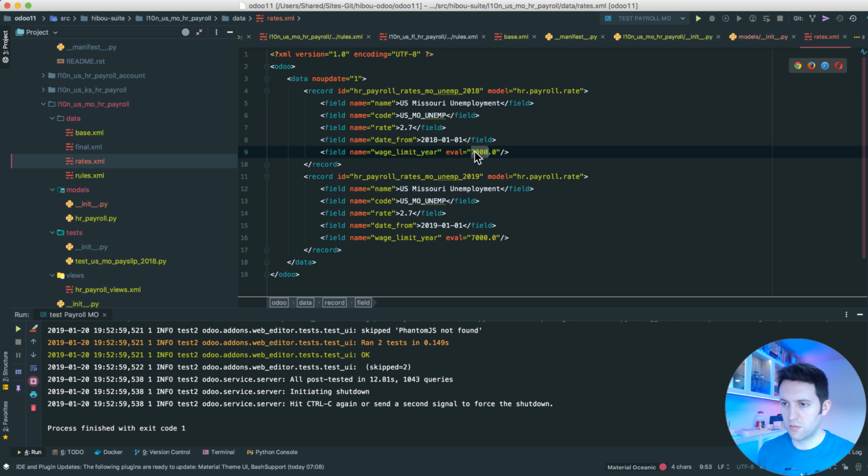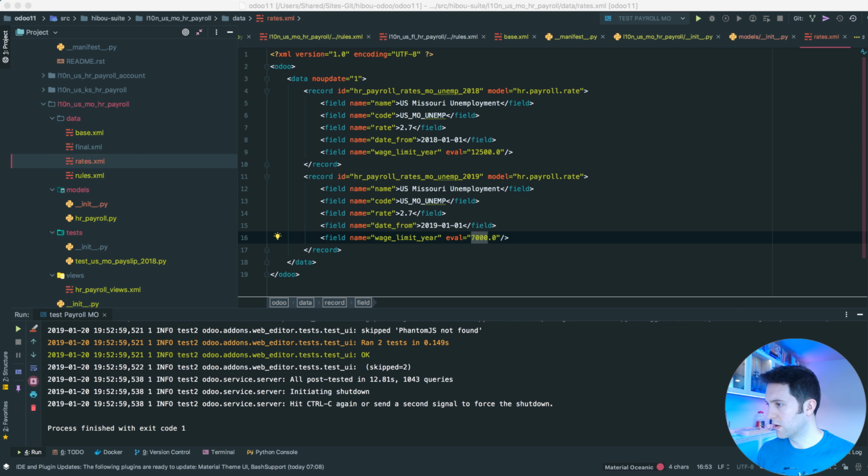Okay, so this is going to be 12,500. I'm going to assume it's the same here. Let me see what we can find. Of course not. Probably because all this is literally about income withholding and not about unemployment insurance. So let me search for that.